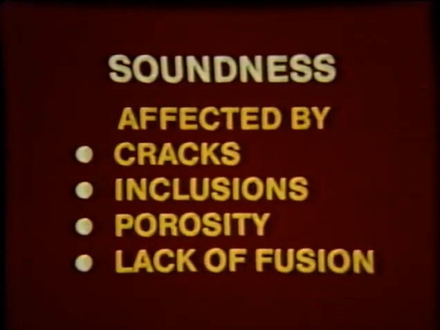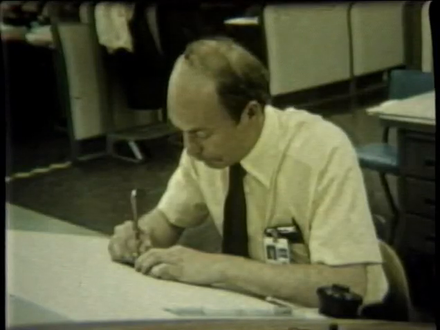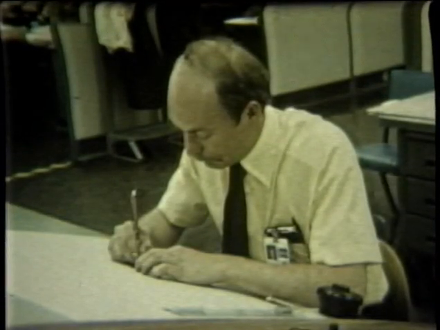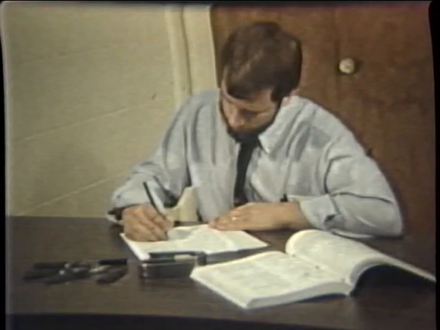In addition to soundness, the mechanical, chemical, and metallurgical properties of the welded joint are also important to the reliability of the weldment during service. In design, materials are selected to provide these properties. The process of welding must allow the materials to maintain these properties by the development and use of a proven procedure.